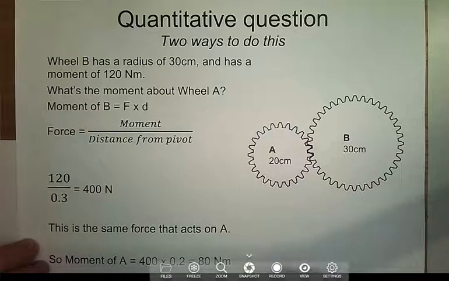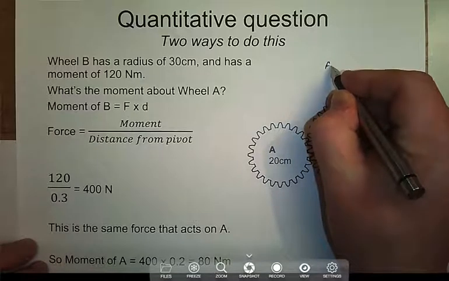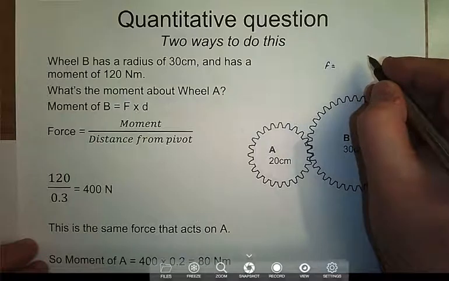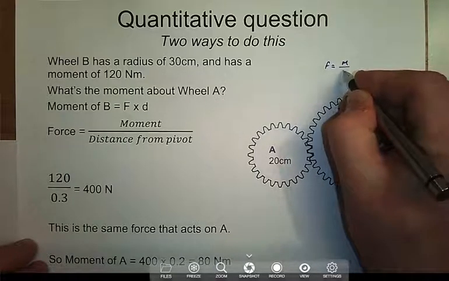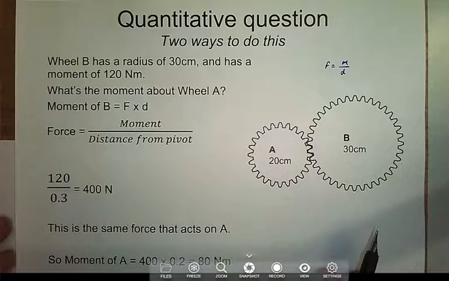Here we're working out what the force is. And the force, as we know, F equals moment over distance from the pivot, we can work out the force acting on either wheel.